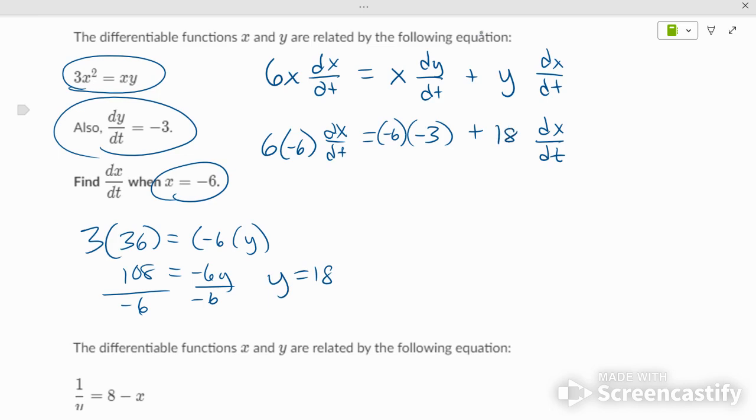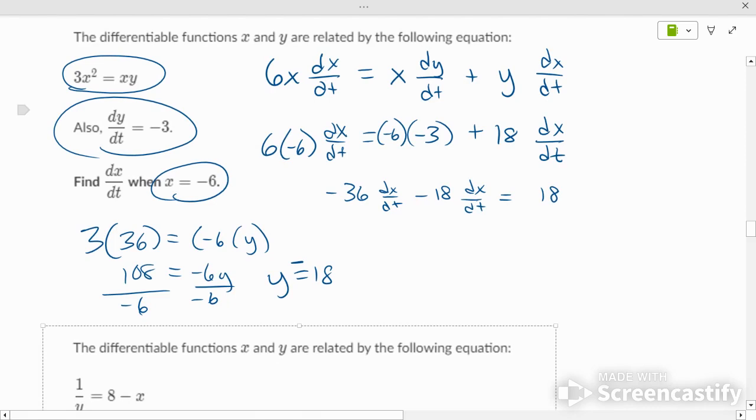So now I can stick an 18 in here. I can get my dx/dt's together. So -36 dx/dt minus 18 dx/dt equals, oh, it's -18. Okay, there, -18. So this is a -18, so this is a +18.